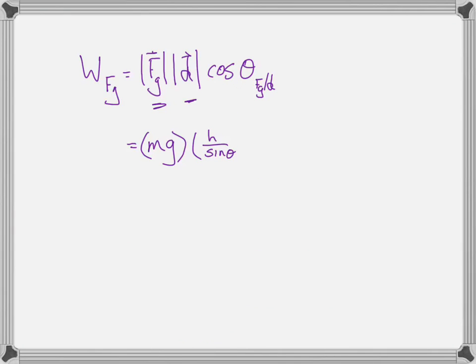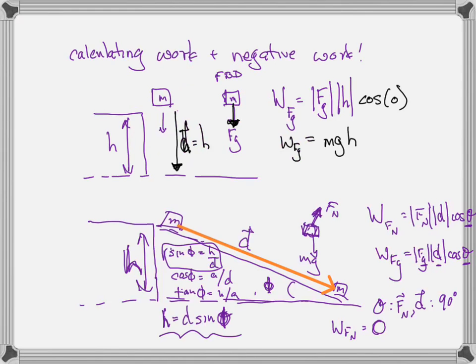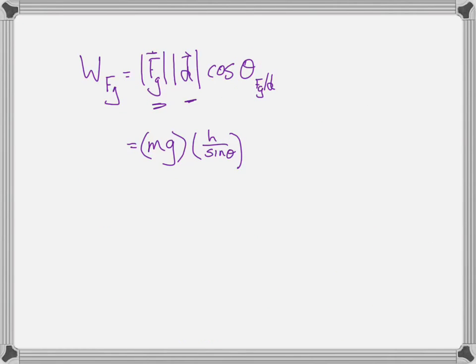Okay, so h over sine phi and cosine of the angle between FG and d. Now, FG is down, the gravitational force is down, and d is down the ramp. So let's go ahead and draw that picture. Cosine of theta, where d points along the ramp and mg points in this direction, so the angle between them is right there.